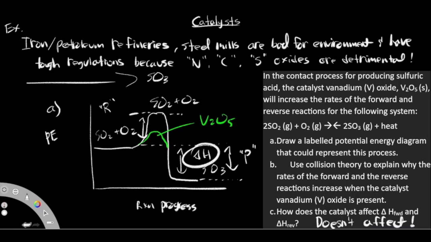Okay. So to finish off B, use collision theory to explain why the rates of the forward and reverse reaction increase when the catalyst vanadium 5 oxide is present.